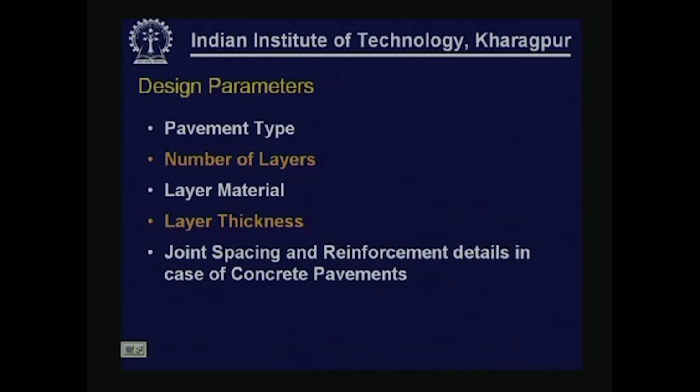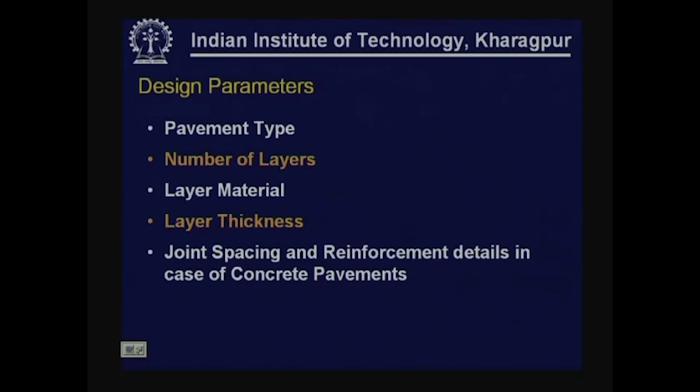What are the main design parameters that we have to select in designing any pavement? The first one is, what type of pavement are we going to adopt in a given situation, whether it is going to be concrete pavement, flexible pavement, some other unconventional pavement, or a combination of these things.